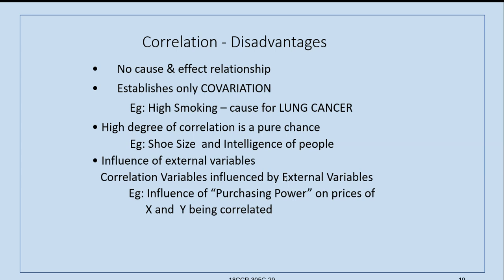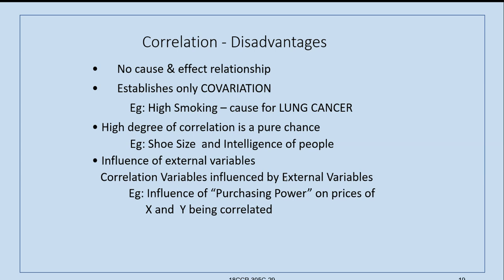Correlation variables are influenced by external variables, like the influence of purchasing power. Purchasing power means the affordability, the finance of people. Even if there is a lot of advertisement, we cannot purchase very costly items, right?